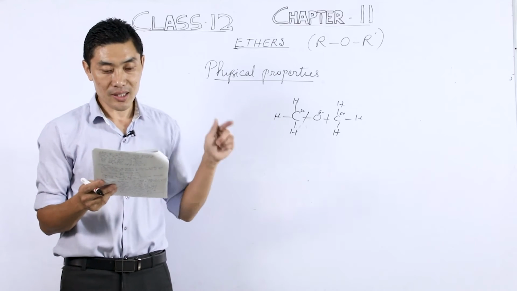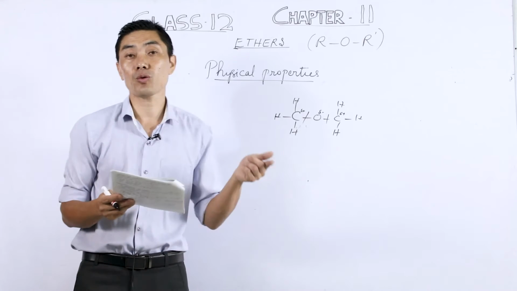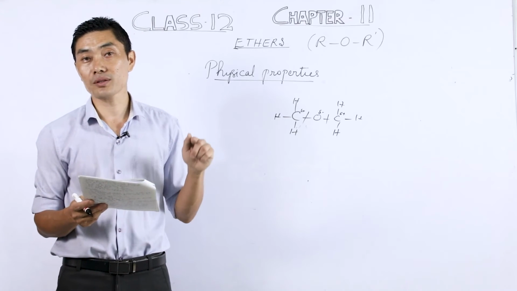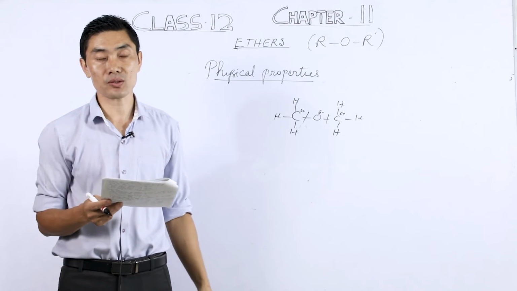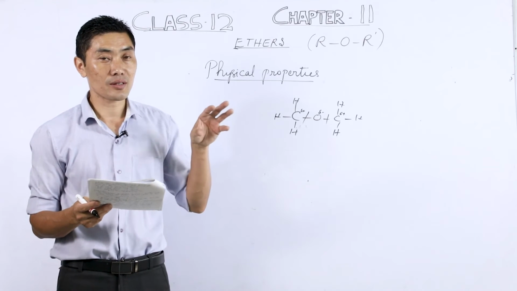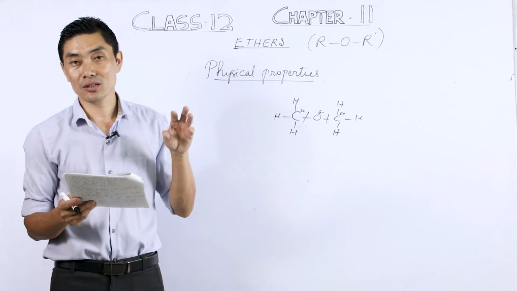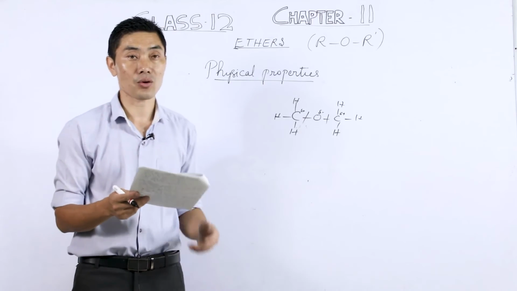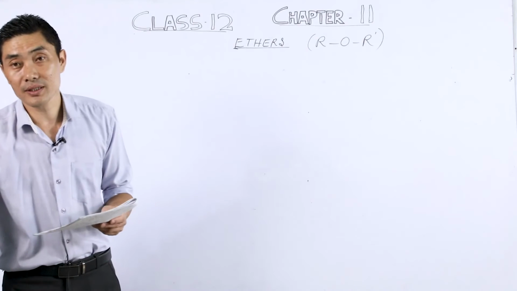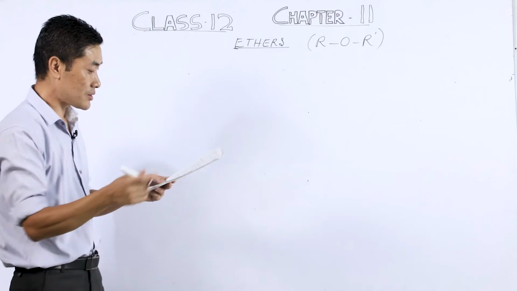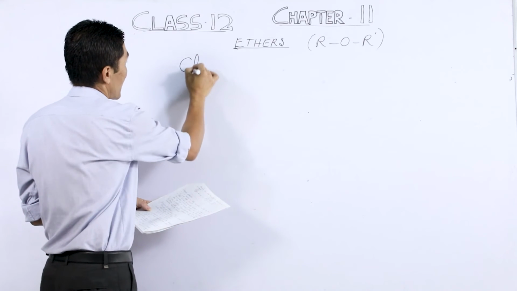Like that, these ether molecules are able to form hydrogen bonding with water molecules, and therefore their solubility in water is similar to that of the alcohols. So these are the physical properties of ethers. Let us see some of their chemical reactions also.